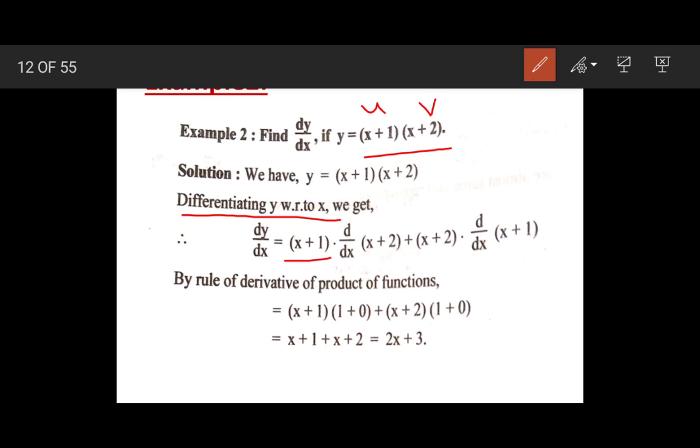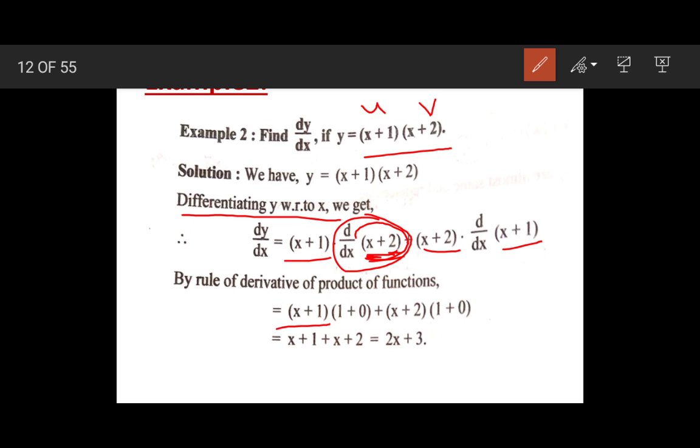So u into derivative of v, x plus 1 into derivative of x plus 2, plus x plus 2 into derivative of u, that is x plus 1. Now derivative of x plus 2 means derivative of x plus derivative of 2. Here we have to use the addition rule.